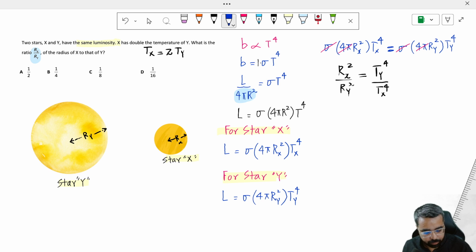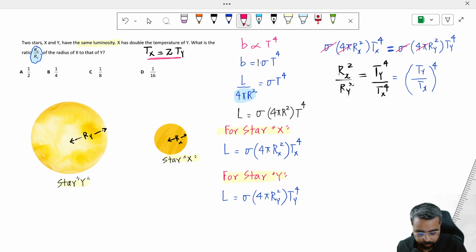And for a better and simpler method, we can bring it in one bracket and take the whole raised to power 4. We want to find out the ratio Rx over Ry. So don't you think if we take a square root on both sides, or you can also directly put the value of Tx. Both things are right.